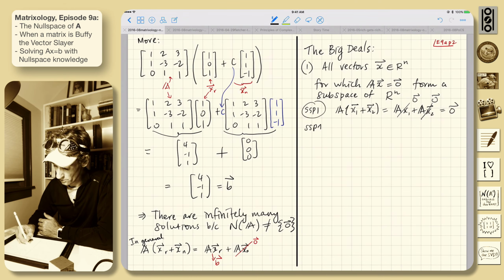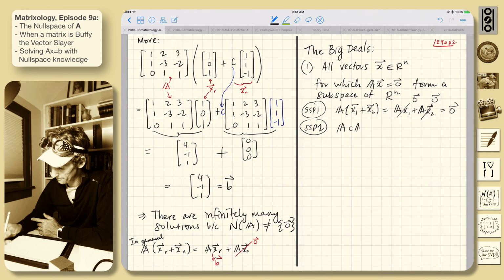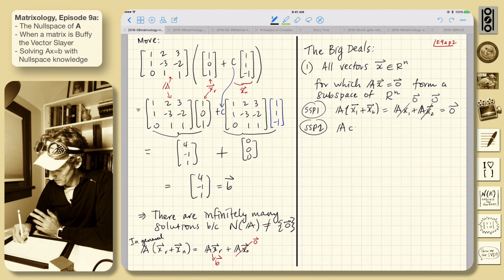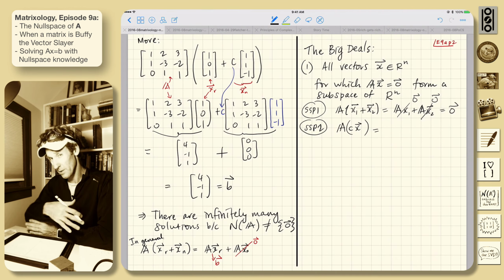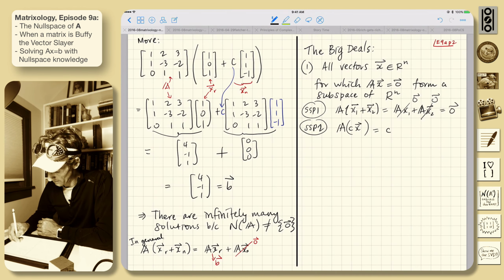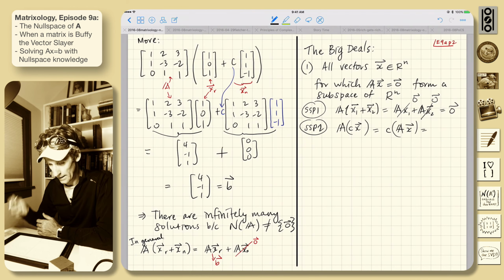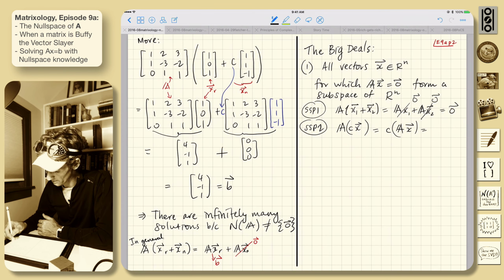Subspace property 2. A times c times x, this is kind of silly, but c is just a constant, so you can pull it out. And then A times x is 0 because it's in the null space. So it's c times 0, which is just 0.